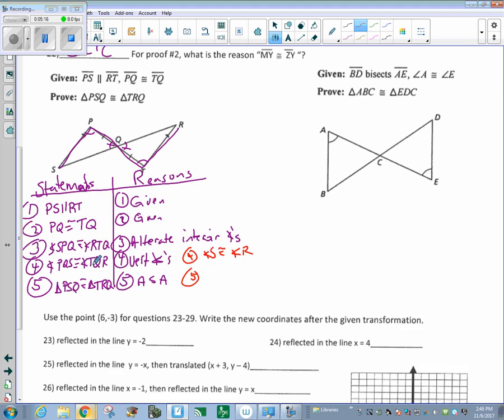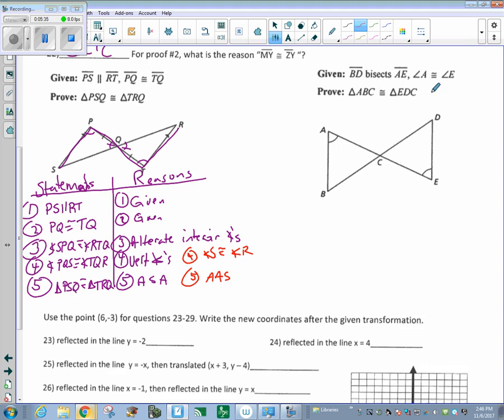This would have been the statement. I just don't have room to write it over there. And then my reason would have been angle side. And this isn't the only way you could have done it. You could have used the vertical angles and the S and the R angle by parallel line alternate interiors as well, and you'd still get that information.